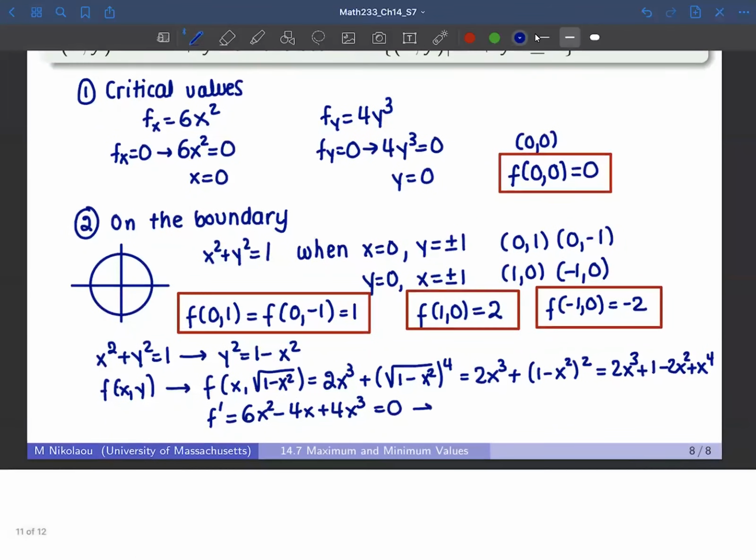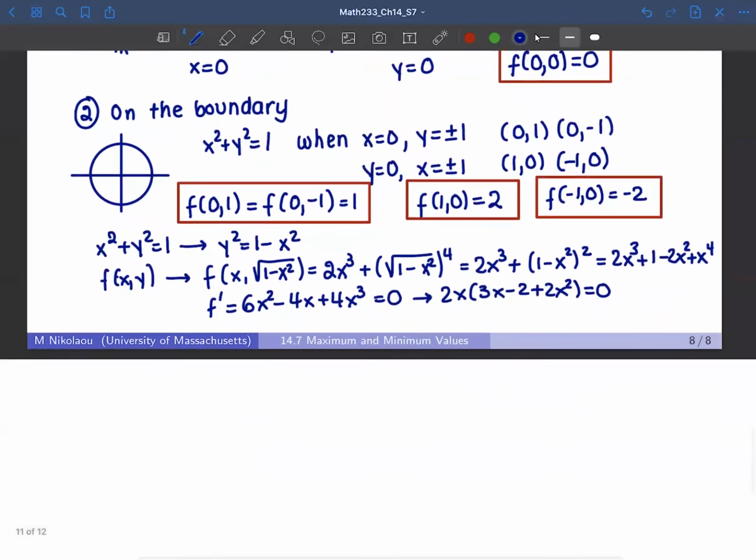Factoring the 2x from the left side, we have 2x times (3x minus 2 plus 2x squared) equals 0. That gives us two solutions: either 2x is equal to 0 or 3x minus 2 plus 2x squared is equal to 0.